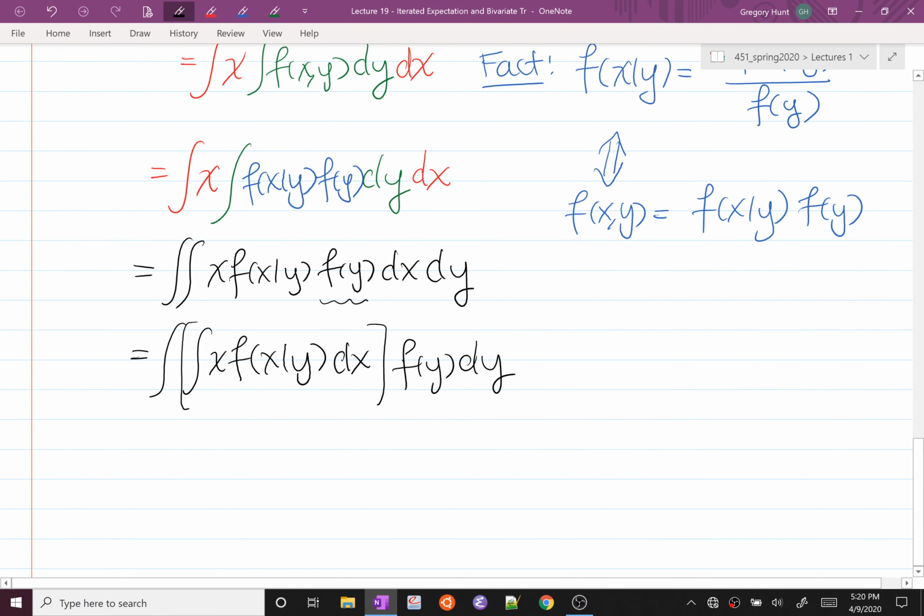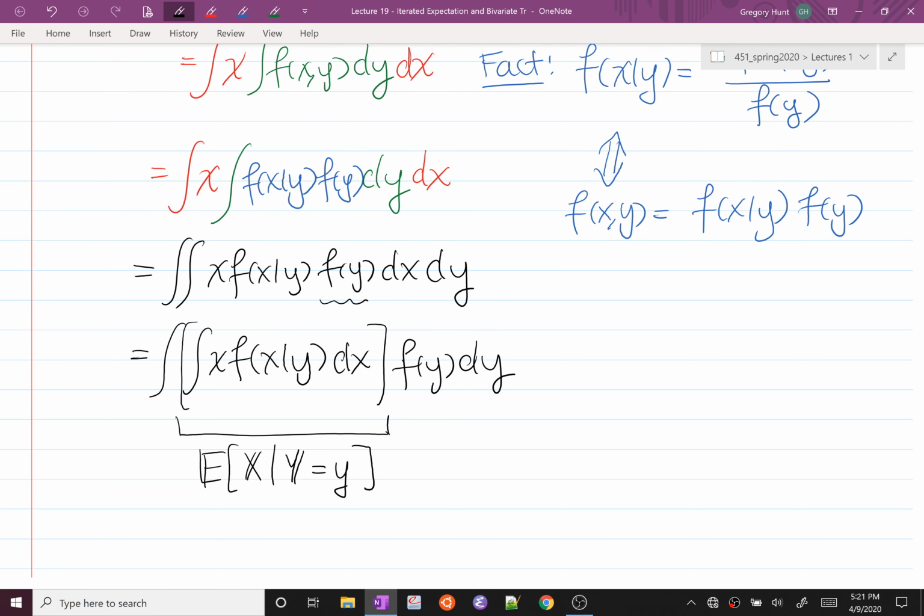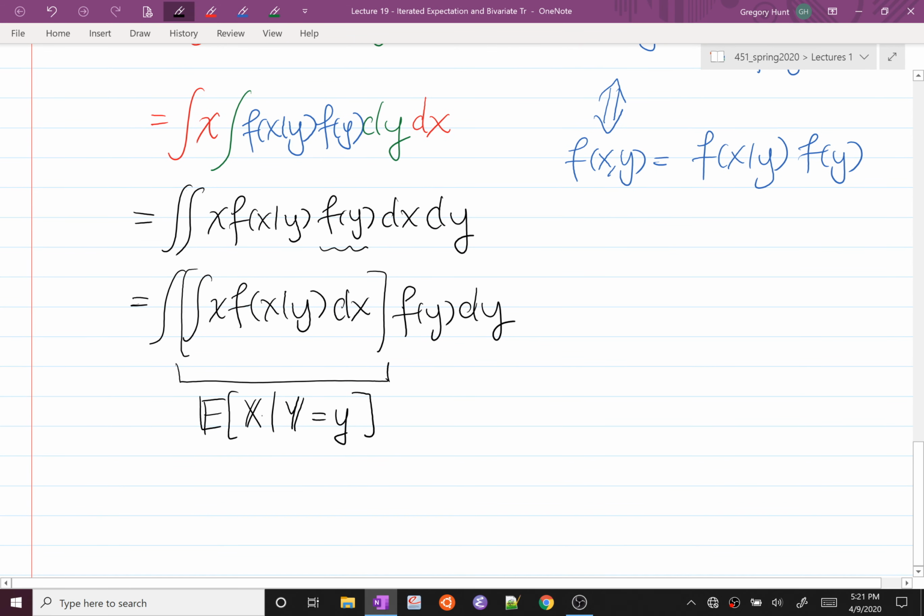And what I'm going to recognize here is that this is exactly the formula for the expected value of x given y is some value little y. So for whatever value little y I choose, that is expected value of x given y is little y. And so if I were to call this thing, as I did above, g of y, this would be the integral of the whole inner integral, which I'm calling g of y, f of y, dy.